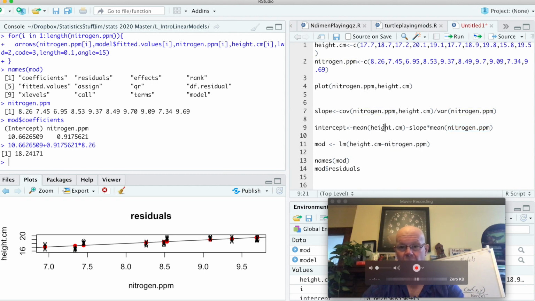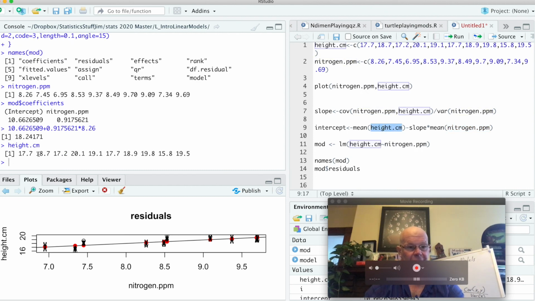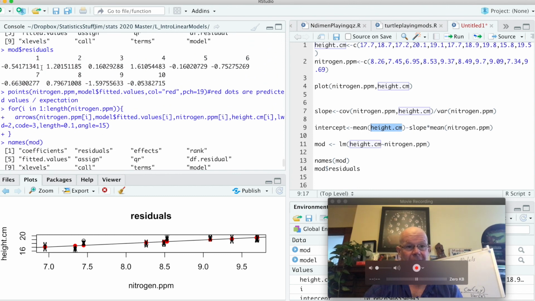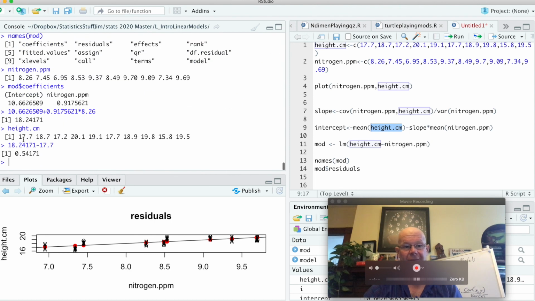Of course it won't ever be perfectly that. That first individual is 17.7, whereas here we had 18.24 as our predicted value. The difference between those two is the residual, or the leftover variation. If we went back up, there's our residuals, 0.54 away.